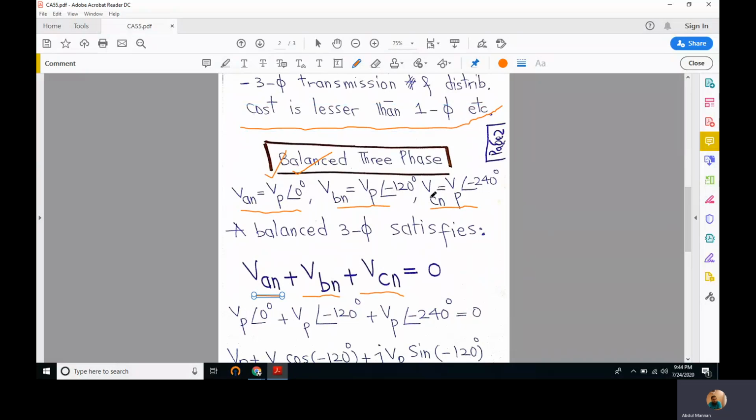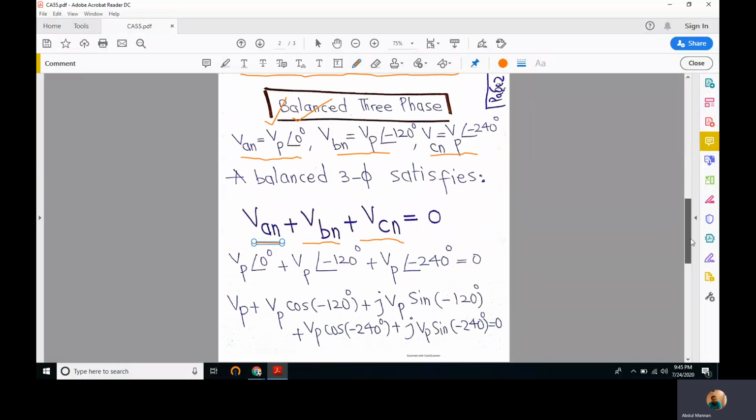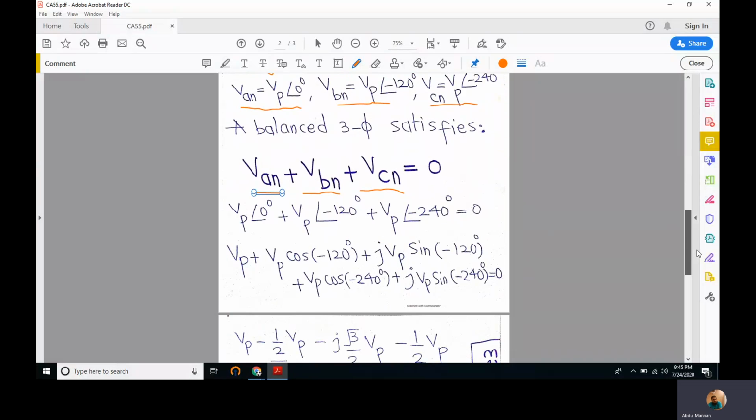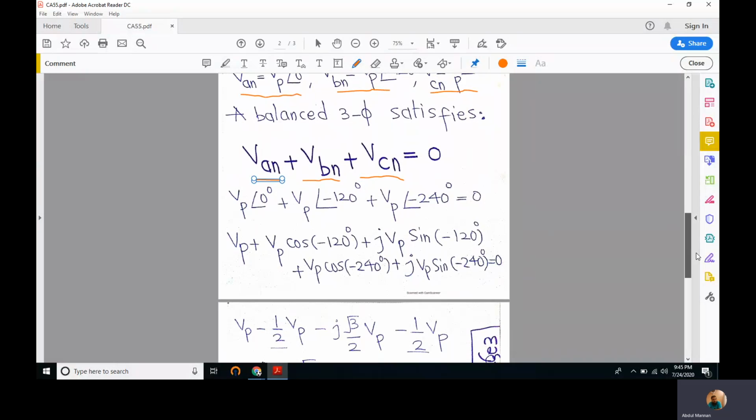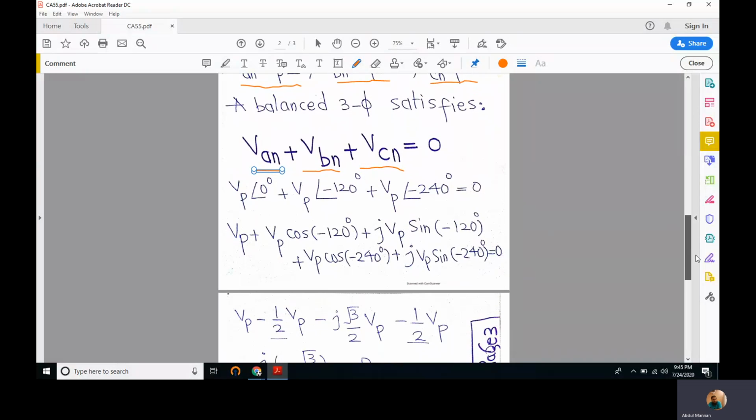So all these three numbers corresponding to VAN, VBN, and VCN are complex numbers. Right. So a balanced three-phase circuit satisfies this property, that the vector sum, or the sum of these three complex numbers, is 0.